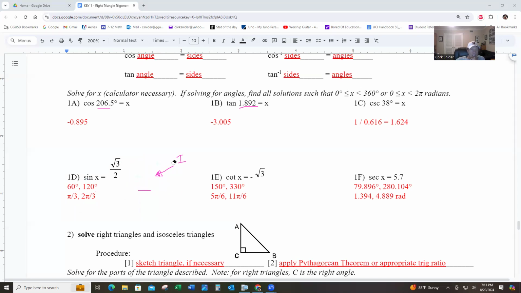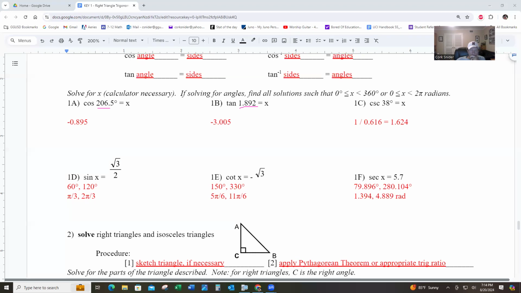Okay. Let's go to the next one. Okay. So the cotangent, which is the inverse of tangent, negative radical 3. Okay. So I'm going to do the inverse of this, okay? So I'm going to go, let's see here, cotangent negative radical 3.